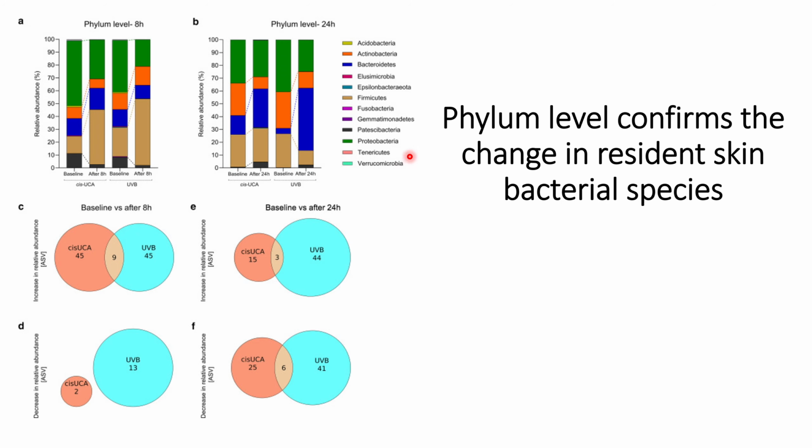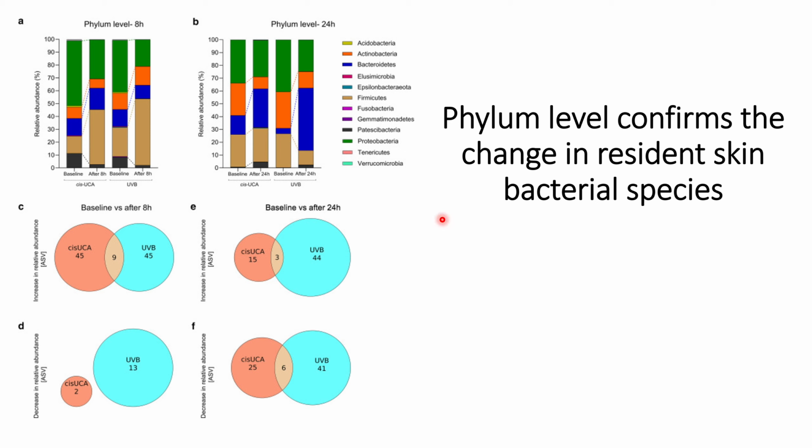Today we will discuss the resident skin bacterial species changes using these phylum labels. In the previous video we understood that if the mice undergo this cis-UCA treatment or UVB exposure, it will cause a change in the resident skin bacterial species.